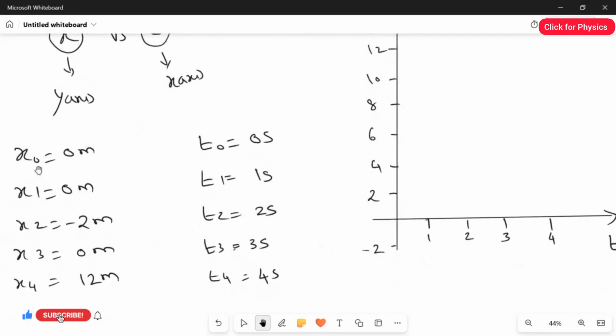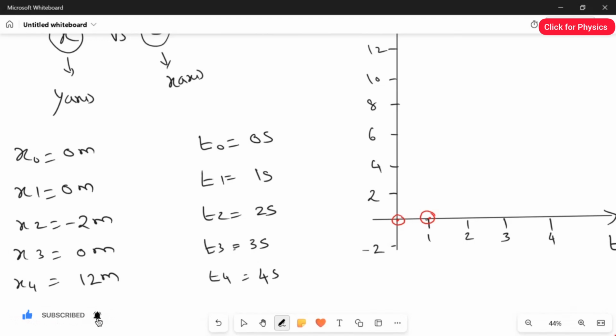So we see the point x0 equal to 0 and t0 equal to 0. So that means the point here is exactly at the origin, right? And then the second point, x1 equal to 0 and t1 equal to 1 second, that means again this will be here. And the third point, x2 equal to minus 2 meter and t2 equal to 2 second.